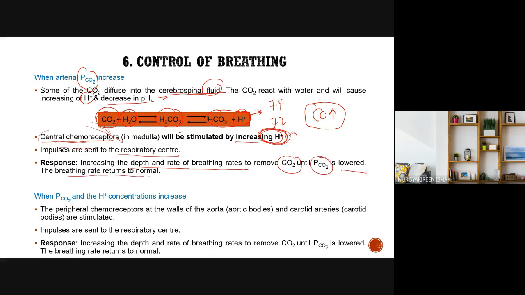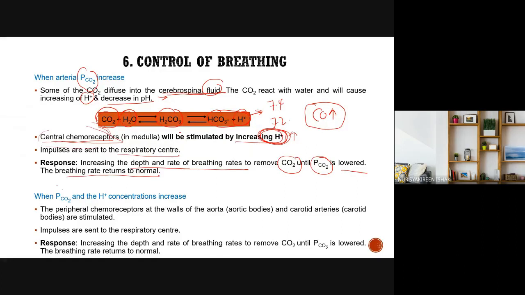So the breathing rate returns to normal. So when your body produces a lot of carbon dioxide, this mechanism will cause you to breathe more, to breathe heavily, so that more carbon dioxide will be released from your body to the atmosphere.